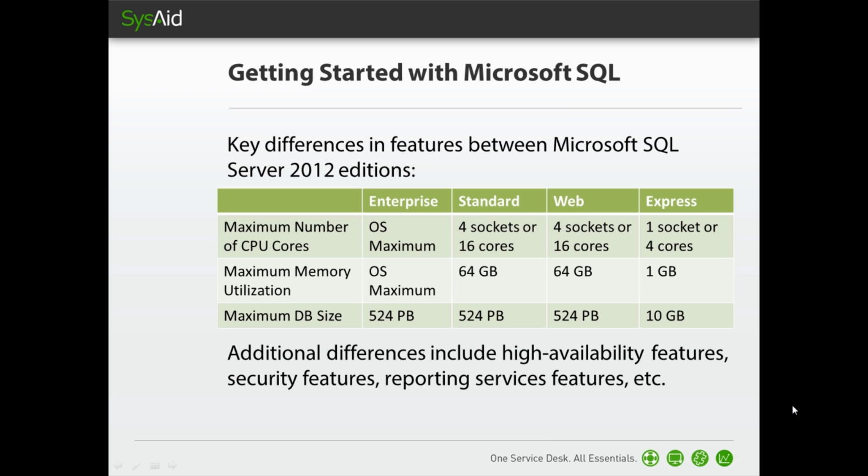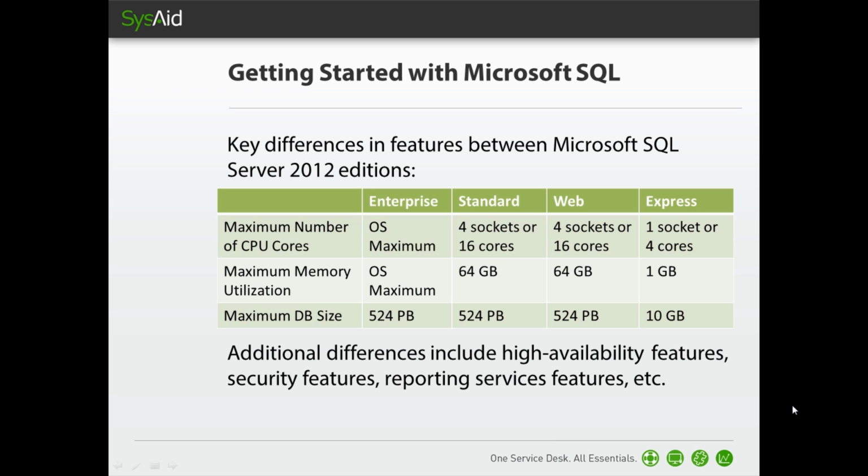Standard Edition allows up to 4 sockets or 16 cores, the lesser, and it also supports up to 64 gigabytes of memory. The database size restriction is the same, or let's say unrestricted. And the same goes for Web.